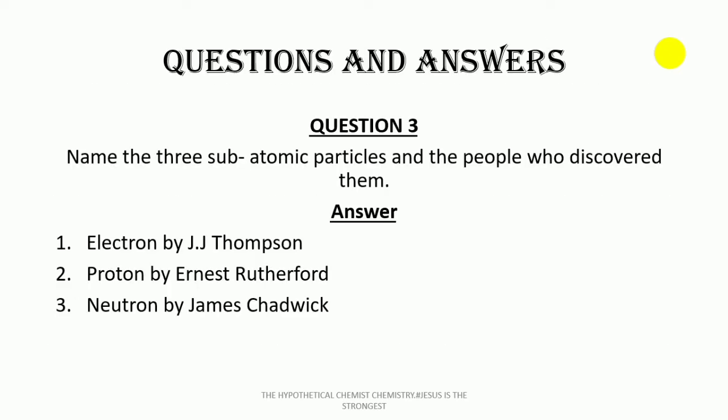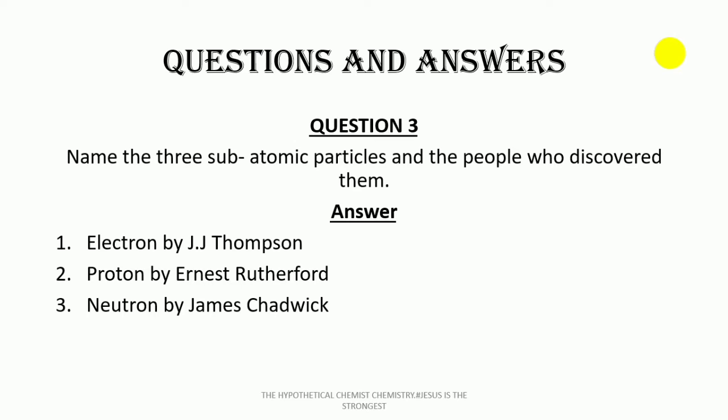The third question, which will be our last question, is name the three subatomic particles and the people who discovered them. We learned that Joseph John Thomson discovered the electrons, Ernest Rutherford discovered the protons, and James Chadwick discovered the neutrons in the nucleus of the atom.